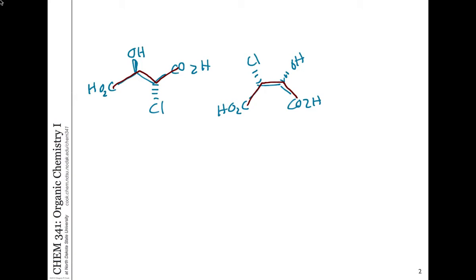But the best way that should be foolproof, if you're good at determining the R and S configuration, is to do that. So at the alcohol stereocenter here, we have 1, 2, 3. This would be R, and the other one, Cl, 1, 2, 3 would also be R, right? Do the same thing for this molecule. I flipped it over a little. 1, 2, 3 would be R, because the hydrogen's coming up.